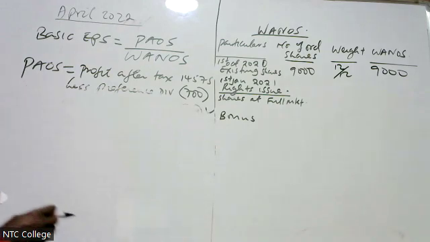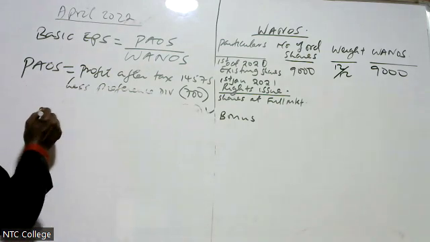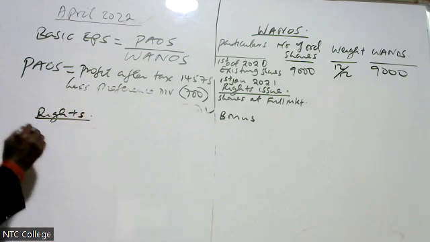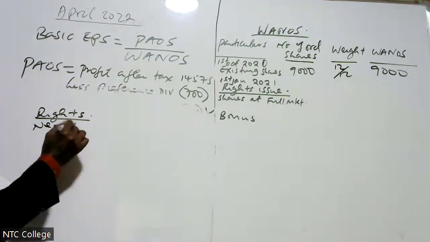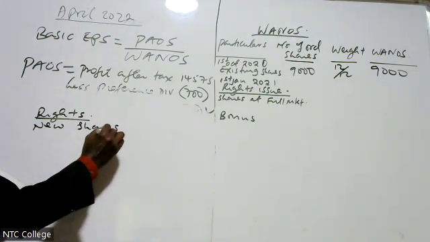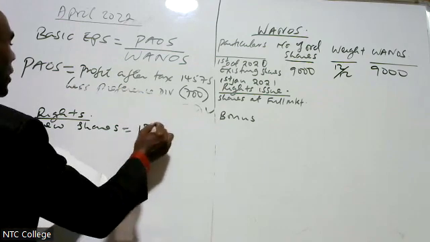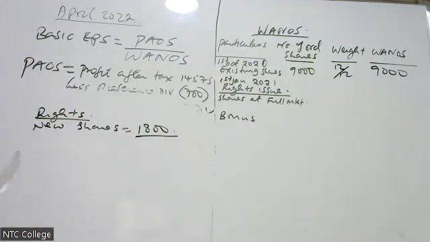Therefore, let me compute the rights issue here. In the rights issue, what were the new shares from the rights? New shares equal, the examiner gave us 1.8. On 1st January 2021, the company issued 1.8 million ordinary shares of shillings 5 each.